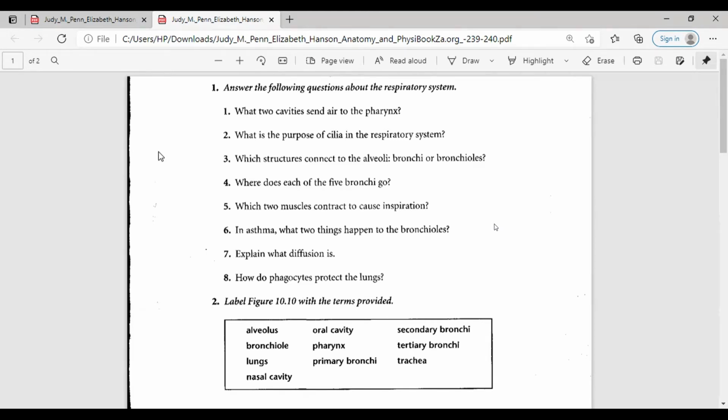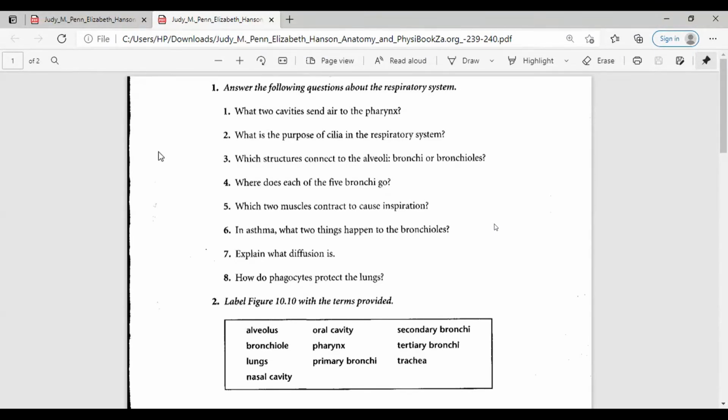Bronchi. No, not bronchi. Bronchioles, right? Bronchioles connect to the alveoli. Remember, at the end of each bronchiole is the alveolus, right? Okay, thank you.